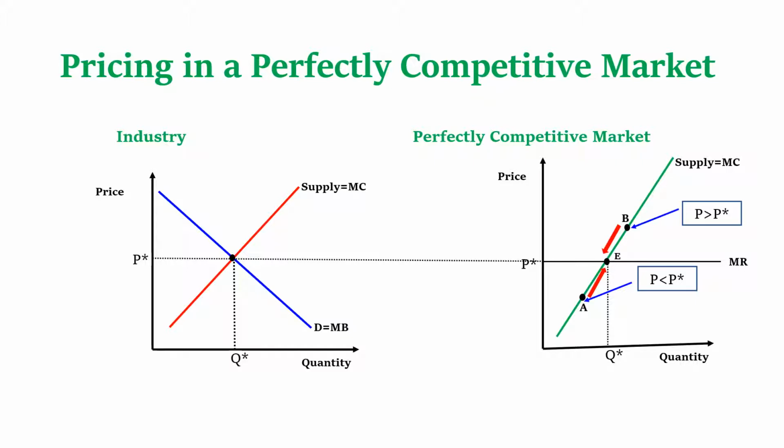If it decides to do that, it's going to be at point B here. Even though it's producing a lot of output, because this price is above the equilibrium price, it's going to lose a lot of customers.